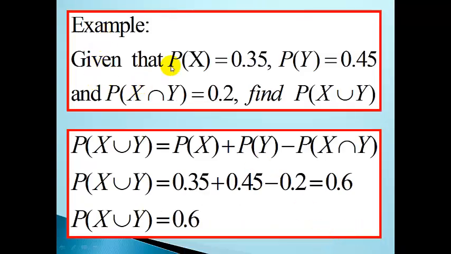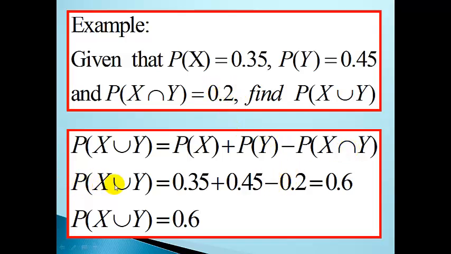Now an example. Given that the probability of X equals 0.35, the probability of Y equals 0.45, and the probability of X intersection Y equals 0.2, find the probability of X union Y. From the compound event, the probability of X union Y is equal to the probability of X plus the probability of Y minus the probability of X intersection Y. So that is 0.35, the probability of X given in the question, plus 0.45, the probability of Y also given, minus the probability of X intersection Y, given to be 0.2.